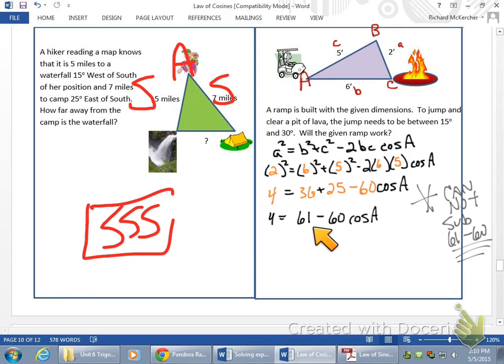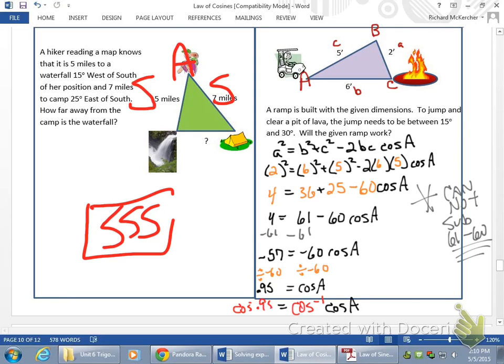So instead, I have to subtract the 61. And now I can divide by negative 60. And that leads me to this situation here where I know the cosine of my angle is equal to 0.95. If you remember, to find the angle, you're going to do the inverse cosine of both sides, because the inverse cosine and the cosine will cancel.